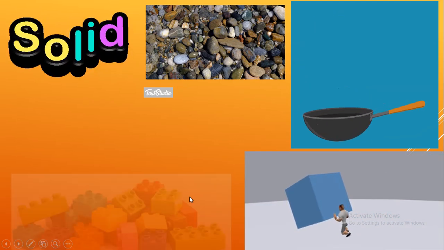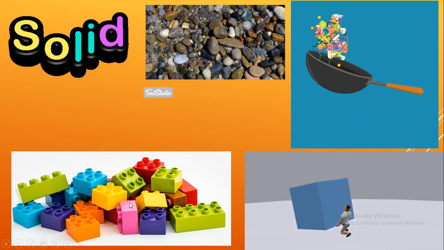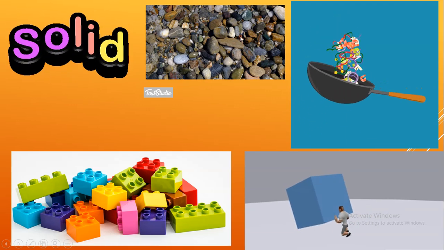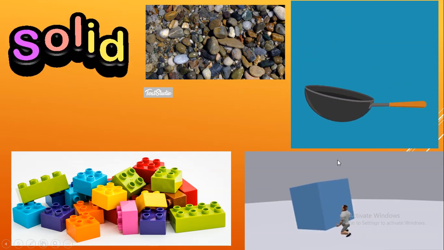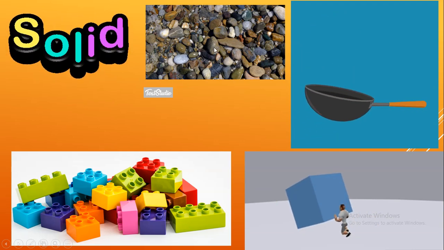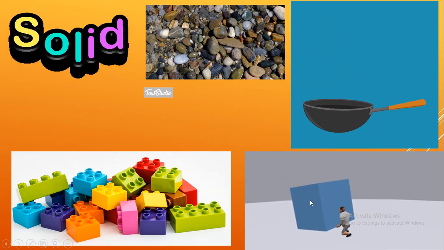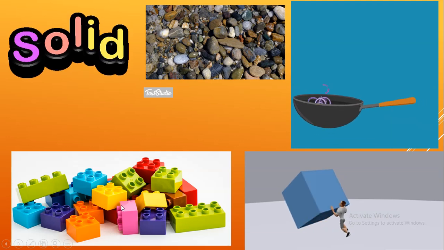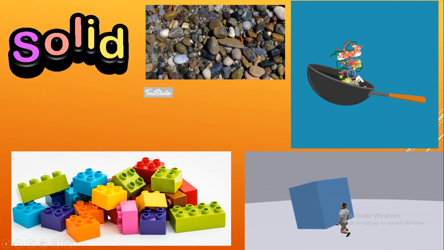The box, and Lego bricks. Do you know how these examples are alike? Rocks, pan, the box here, and Lego bricks. How are they all alike?